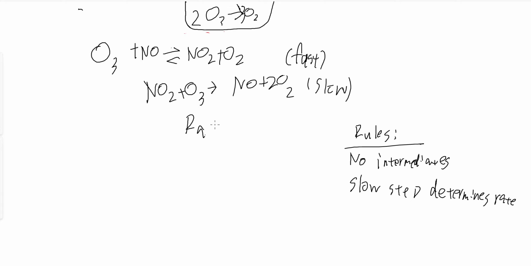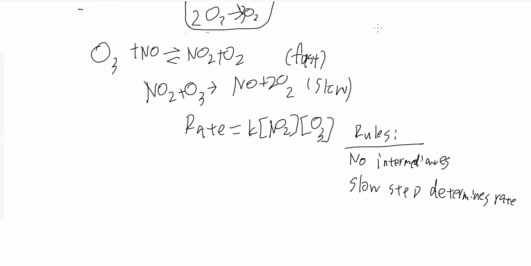So the overall rate of this reaction is equal to k times NO2 times ozone. Now let's check. Do we have the slow step determining the rate? Yes. Do we have any intermediates in our rate? Yes.